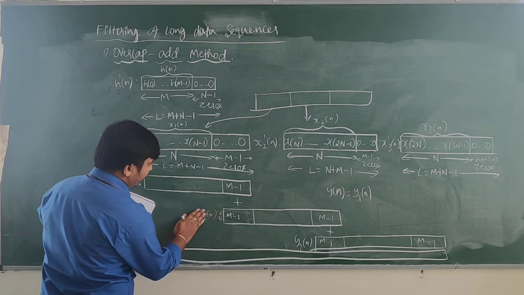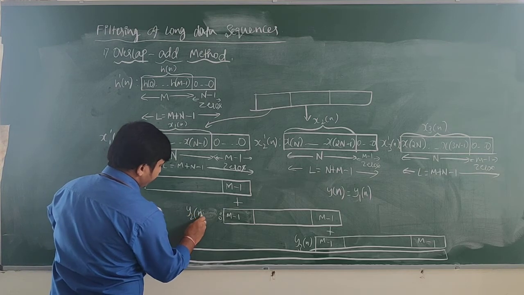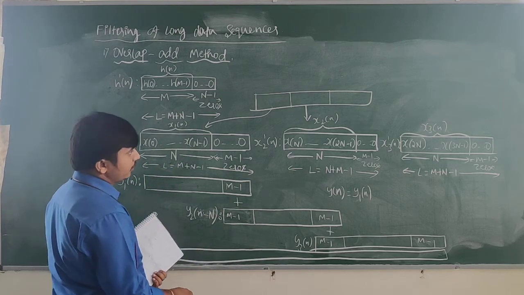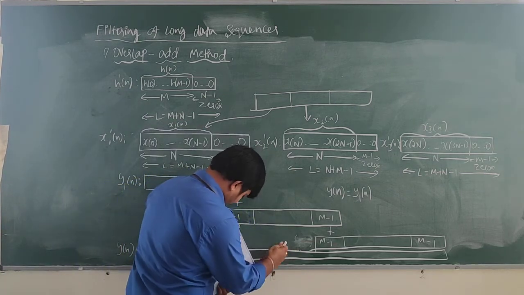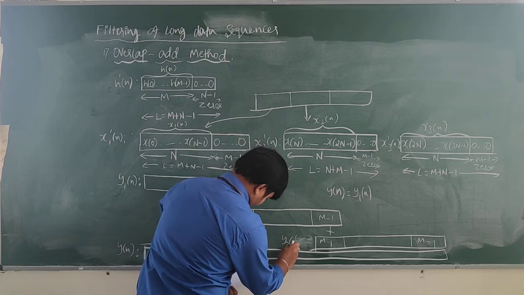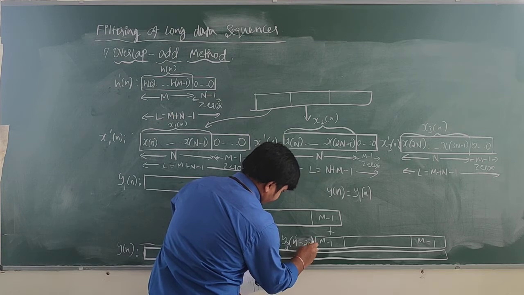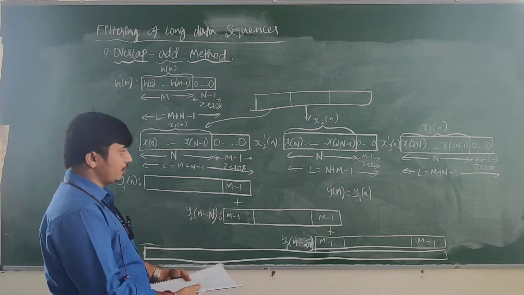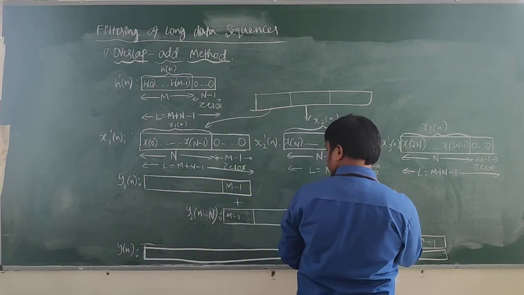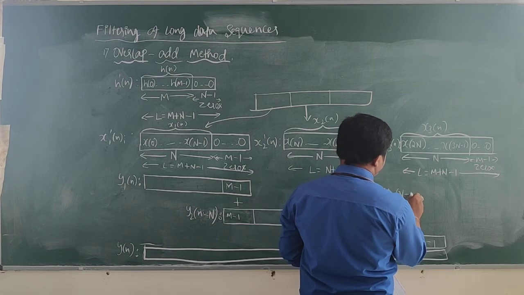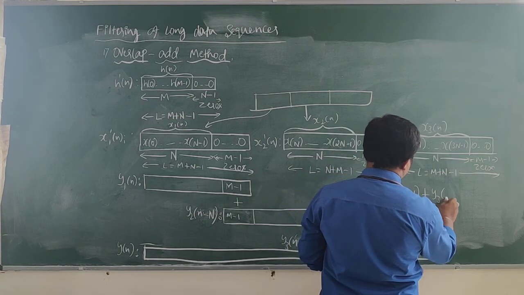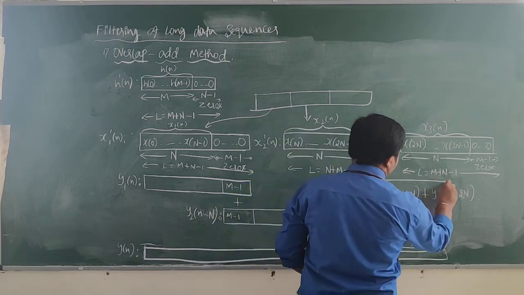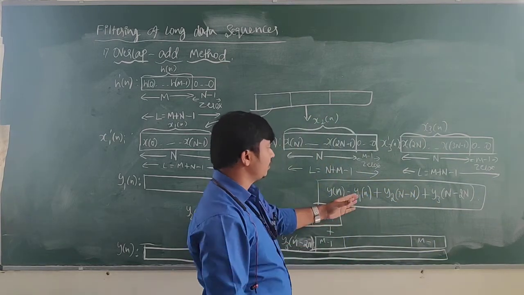This can be called y2 of n minus capital N. And this y3 of n is called y3 of n minus 2N. Finally, by adding all this I get y of n. So y of n is equal to y1 of n plus y2 of n minus N plus y3 of n minus 2N. I am just adding all the outputs.